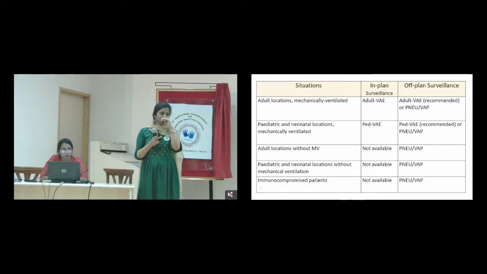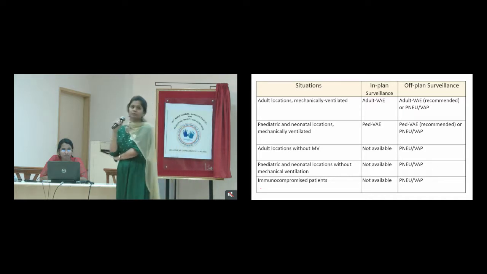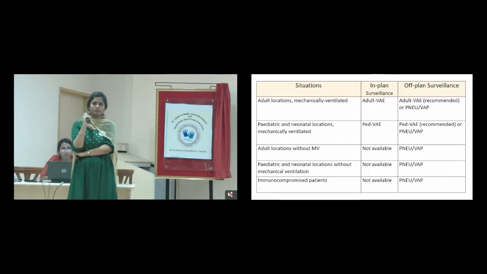Hence, they have replaced it with adult VAE. For pediatrics, we used to use the same PNEU definition. In 2019, even for pediatrics, they came up with PedVAE. So at present, if you want to do the surveillance, you just have to follow adult VAE and PedVAE. The PNEU definition is the older classification, which we can ignore.